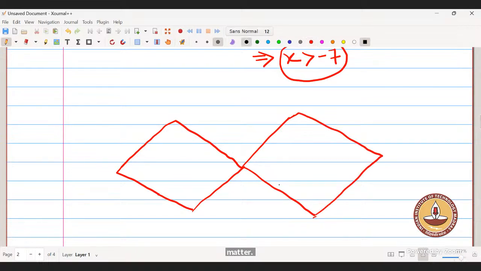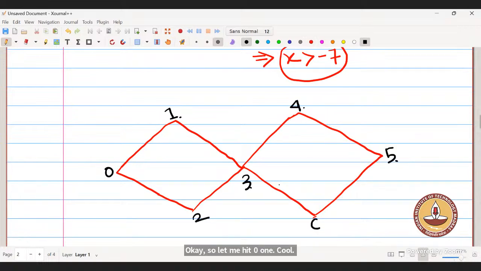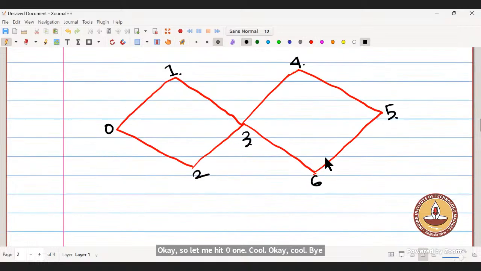Okay, so let me give 0, 1, 2, 3, 4, 5, 6, right? So you want a spanning tree, right?